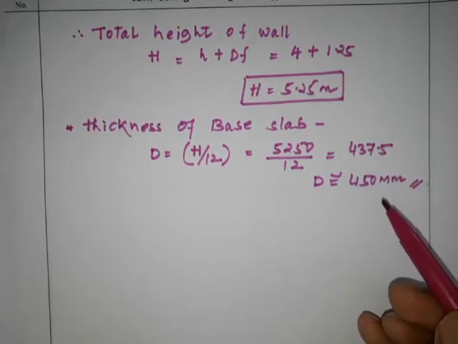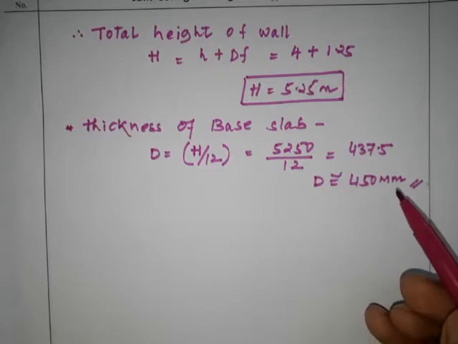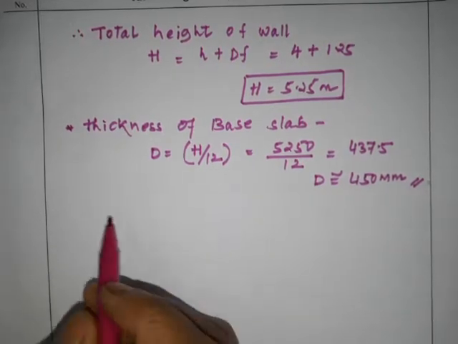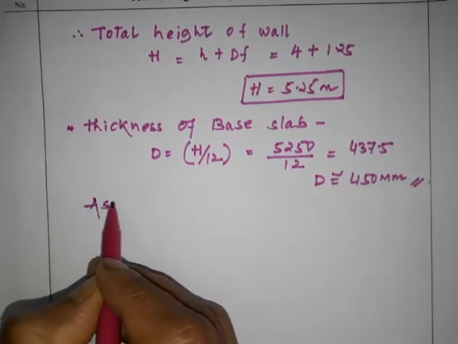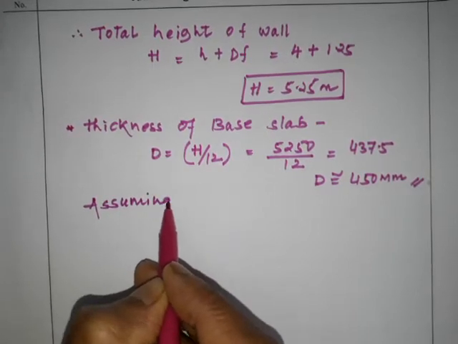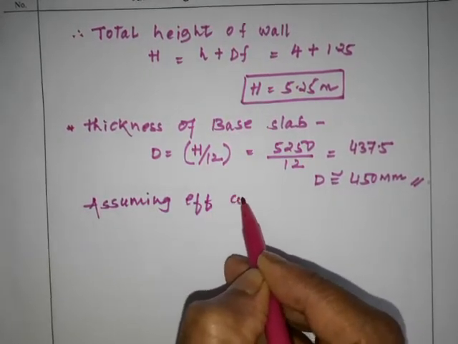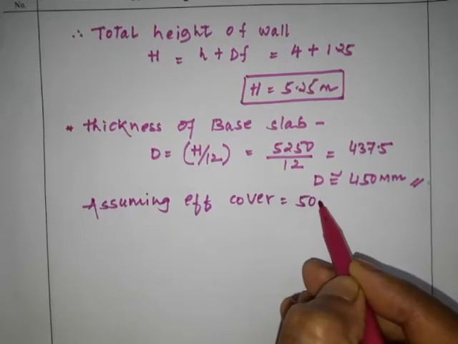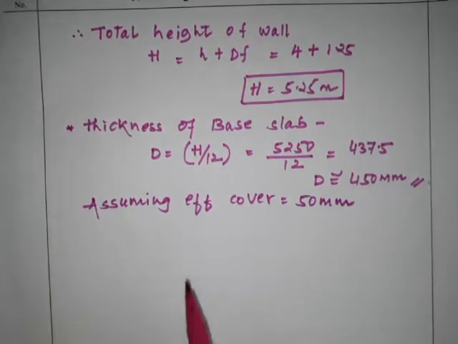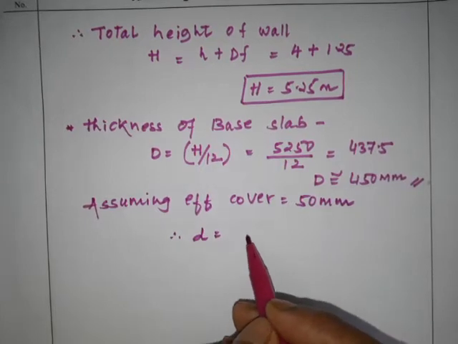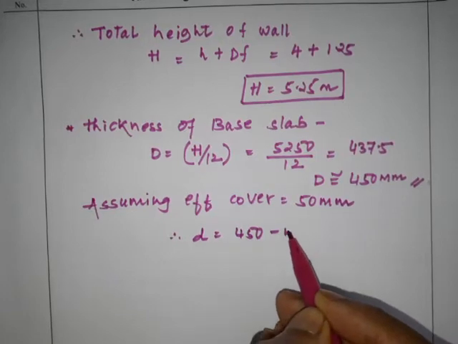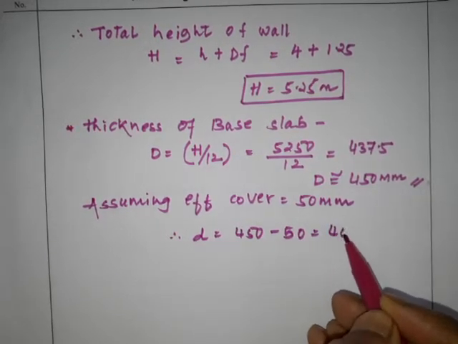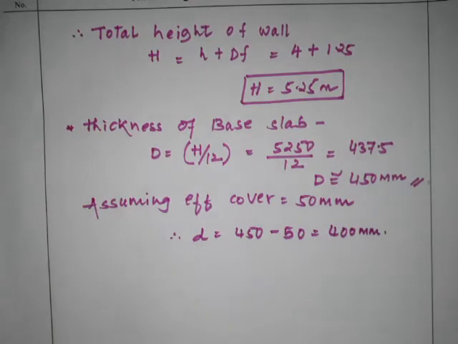Okay, so after that, assuming effective cover of 50 mm, therefore the capital D depth is 450 minus cover 50, so we will get it as 400 mm.